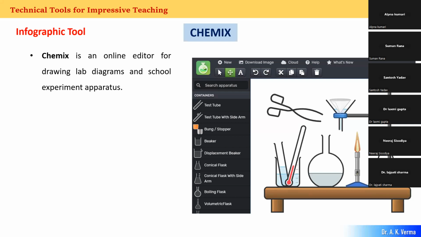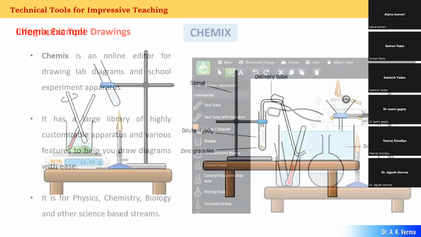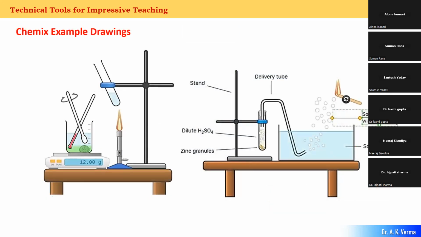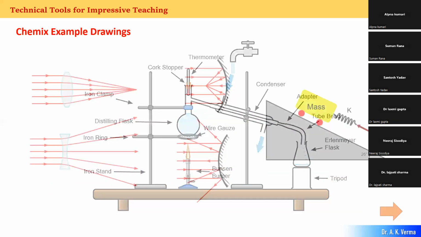So this type of interface will open where you can draw various diagrams related to your physics, chemistry, and biology also. So it has a very large library of highly customizable apparatus and various features to help you draw with ease. So let me show you some example figures which I have drawn with this software. So here are some chemistry images which are drawn with this Chemex software. So this one, and these are some physics diagrams.